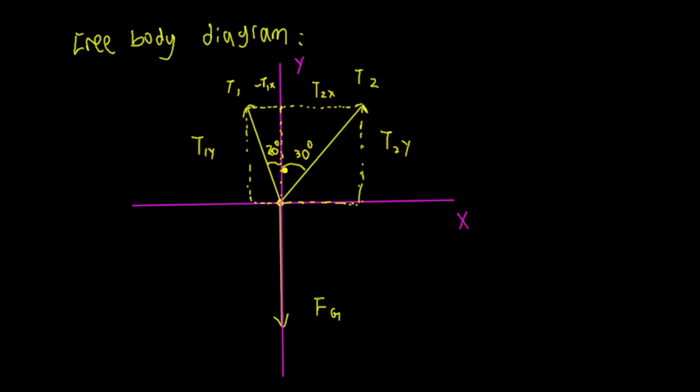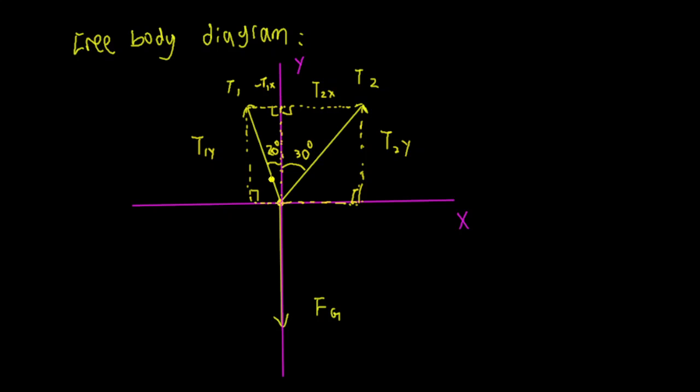Now we do know that here you can see a right triangle here, and a right triangle here. Basically, this triangle is equivalent to this triangle, and this triangle here is equivalent to this triangle. So we can look at it in either way. Since this is a right triangle, according to trigonometry, for this angle, we know that this is 20 degrees.